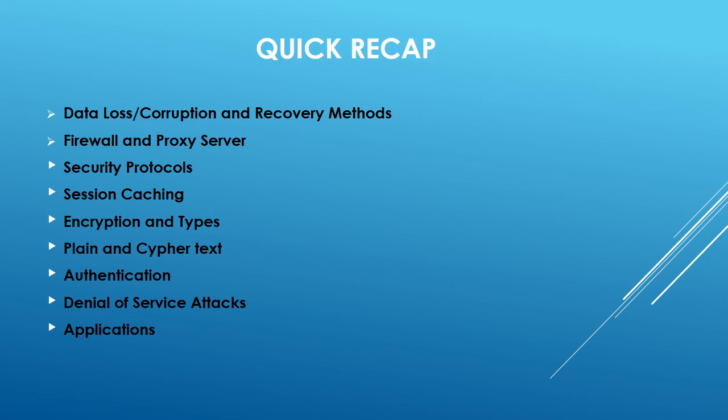After that, we discussed authentication, which is a process to verify that data is coming from authenticated and trusted sources. There are various methods we discussed in authentication, like applying passwords, applying digital signatures, and biometrics.